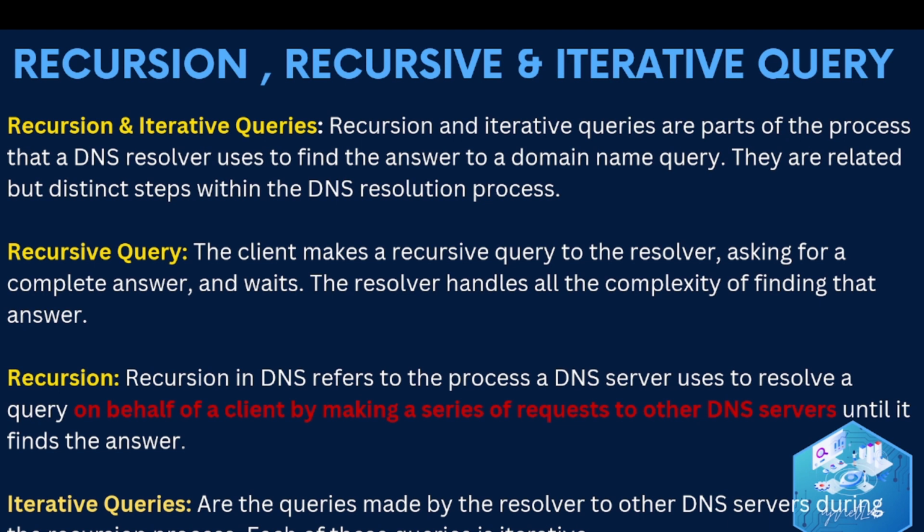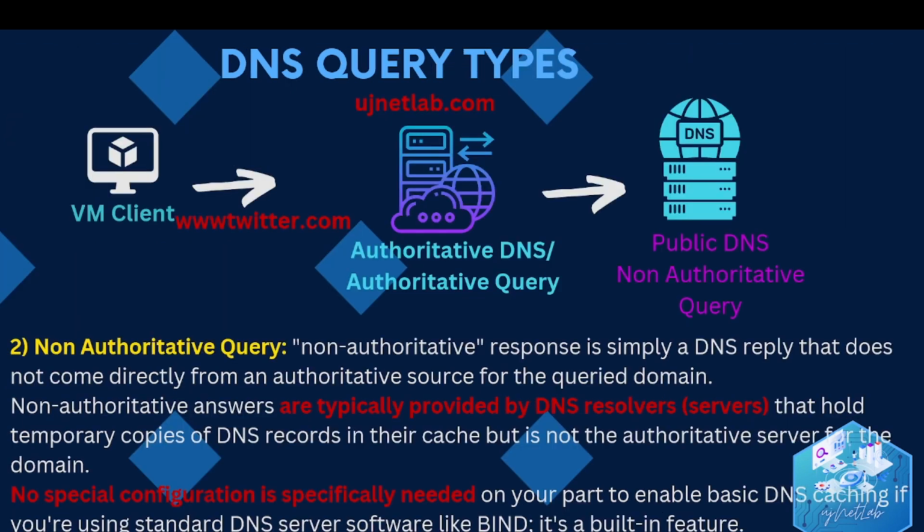First of all, we need to know what a recursive query is. In a recursive query, you are the client. You say, hey, I want to know twitter.com because I have the DNS setting of yours here, so you get me an answer. I don't know, you have to do the job. The server says, okay, I will try to find it out for you.